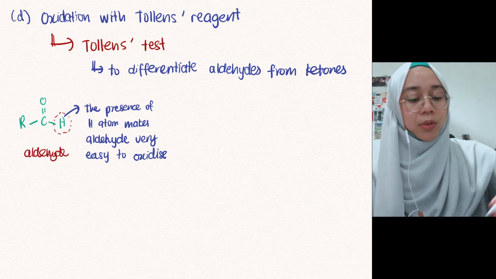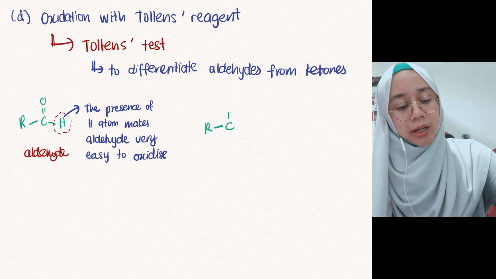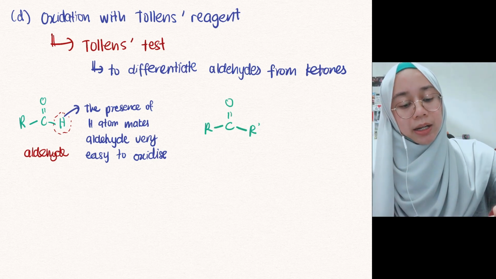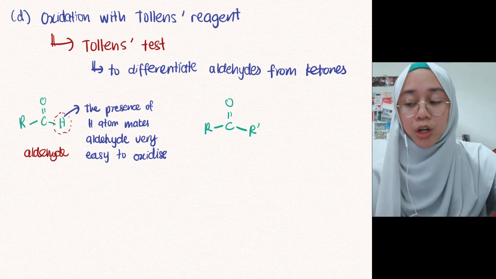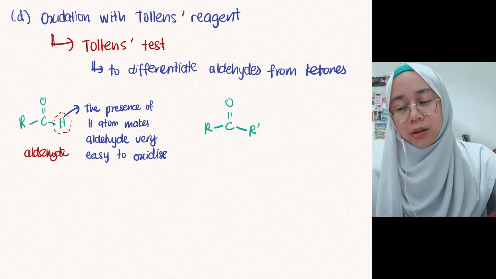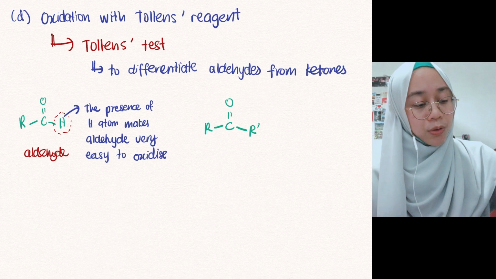Tapi what about keton? So keton pula, whereby kiri kanan kepada carbonyl group tu, dua-dua adalah alkyl group.